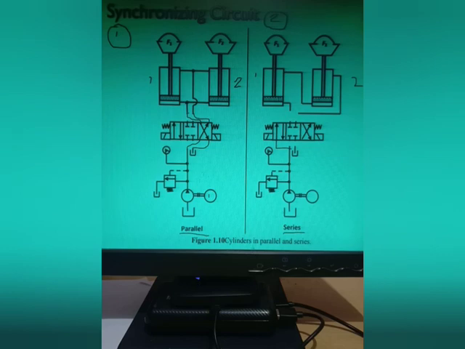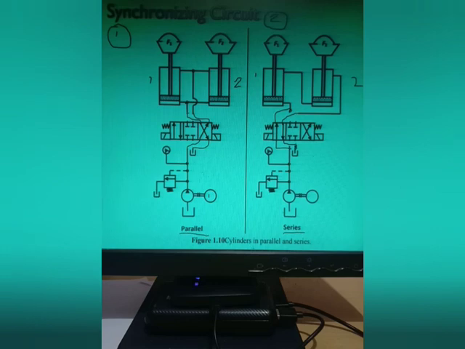The oil will go to the first cylinder, right? So here the oil will go, and the B end of the second actuator is connected to the reservoir. So it is coming to the reservoir, you can see.